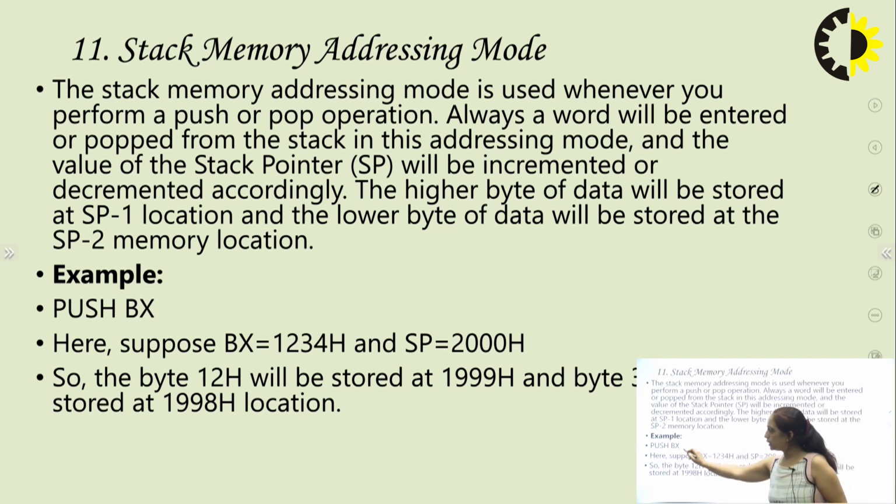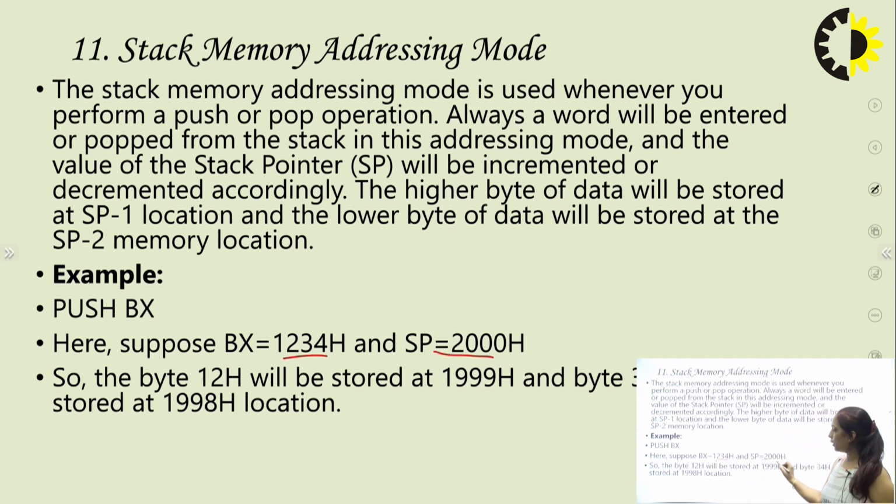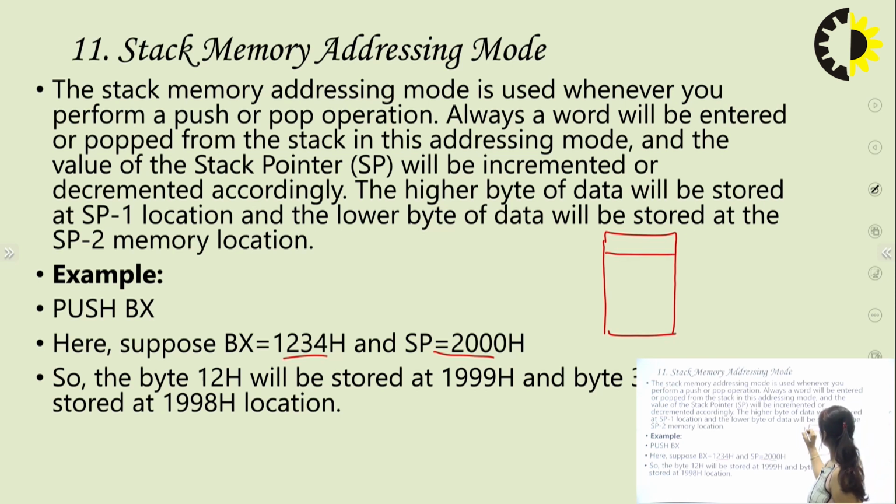For example, we write PUSH BX, and the value of BX is 1234H, and the stack pointer is initialized at 2000H. So suppose here we have the stack, and the stack pointer is 2000H. SP minus 1 will be 1999H.